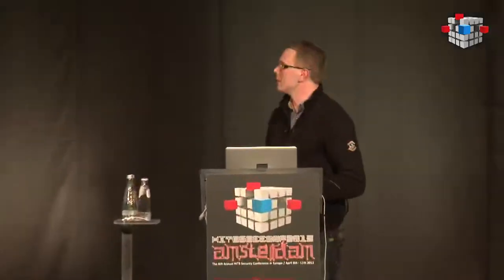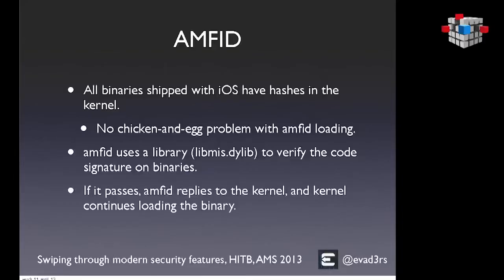So now talking about AMFID. All binaries shipped with iOS, AMFID included, of course, have hashes in the kernel, so that there's no chicken and egg problem. AMFID doesn't have to verify itself that it is correctly signed.